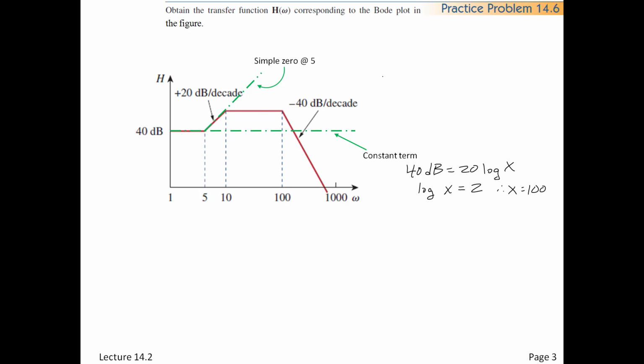So as we put together our numerator, our numerator is going to be 100, the constant term, times 1 plus j omega over 5, right? And then we'll have a denominator, unless we're not done here.